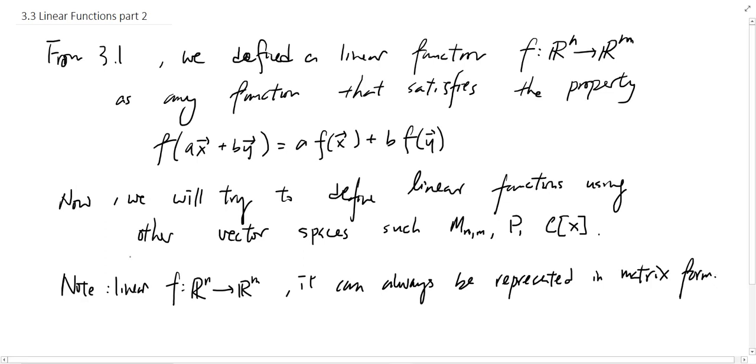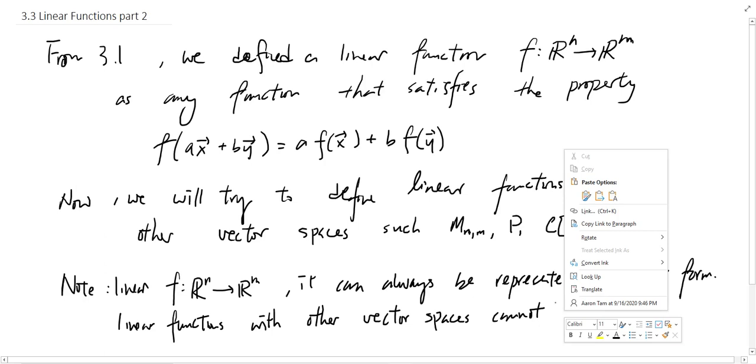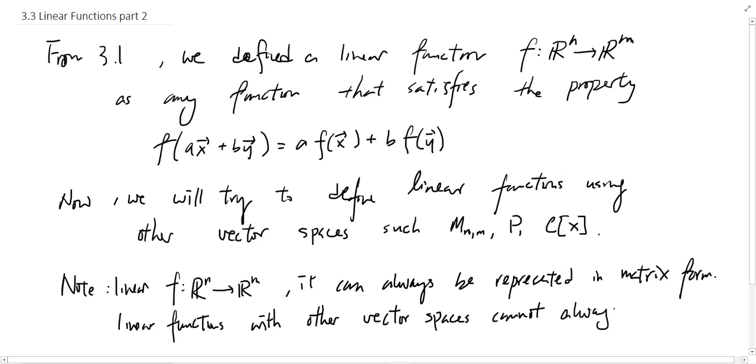Okay. Now, however, linear functions with other vector spaces cannot always, meaning some of them can, but not all of them, be represented in matrix form.